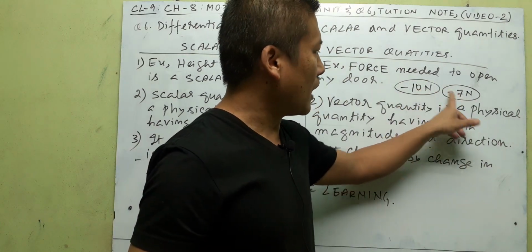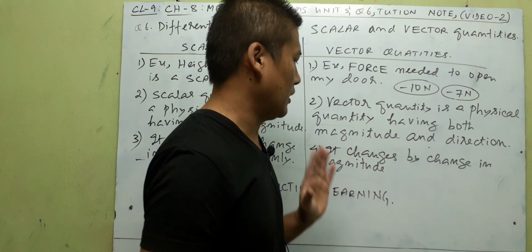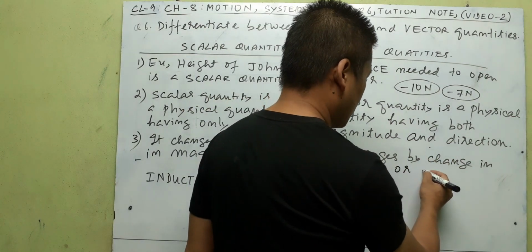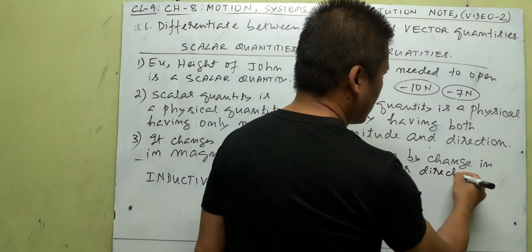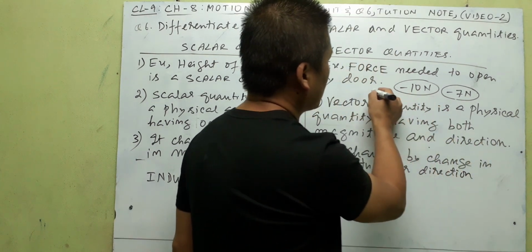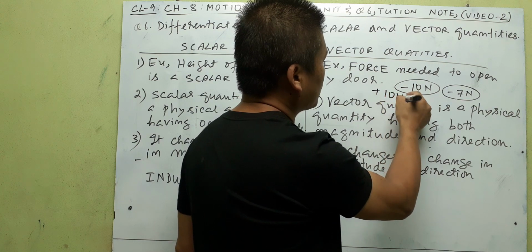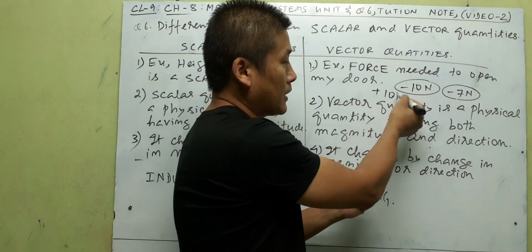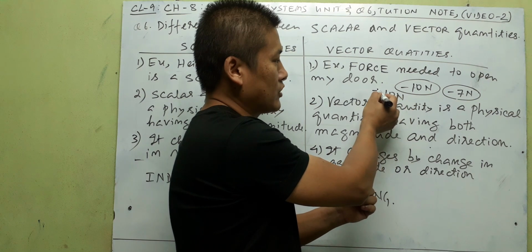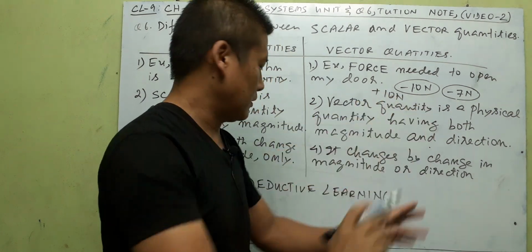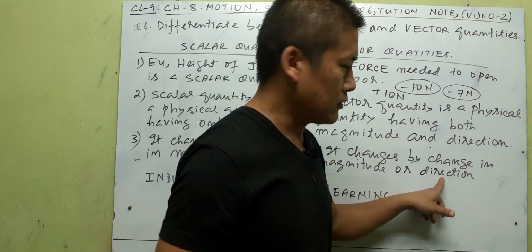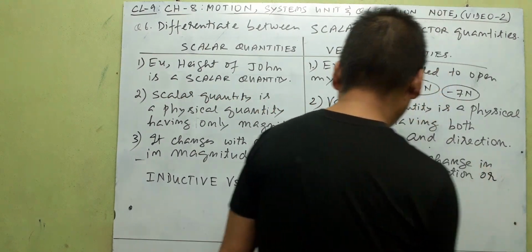So just change the number and it will change. It also changes by a change in direction alone. For example, you apply 10 Newton, now the door will close. You didn't change the magnitude, it's still 10 and 10, but you changed the direction to plus. You pushed it. So it changes by a change in magnitude, or only direction, or when you change both.